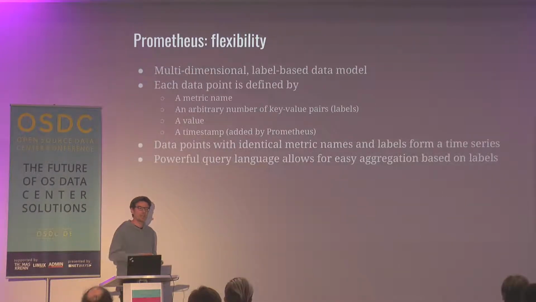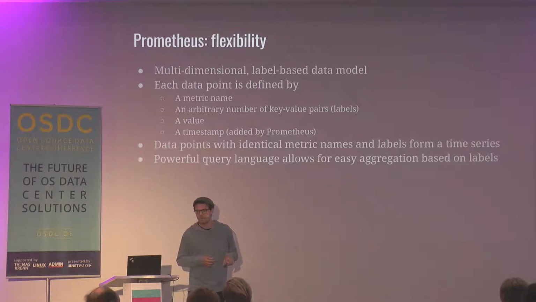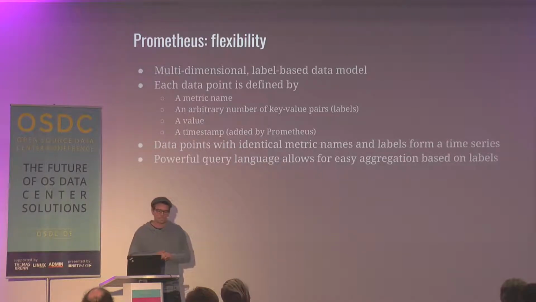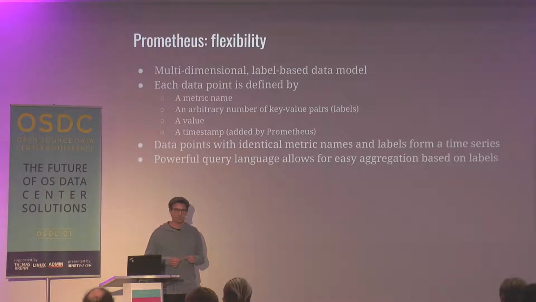Flexibility. Now, Prometheus employs what it refers to as a multi-dimensional label-based data model. What this means is that every metric is defined by a metric name and an arbitrary set of key value pairs, the labels. Also by a value, of course, and to be exact, a timestamp, though you're rarely concerned with a timestamp because thanks to being pull-based, this is all handled internally by the Prometheus server.